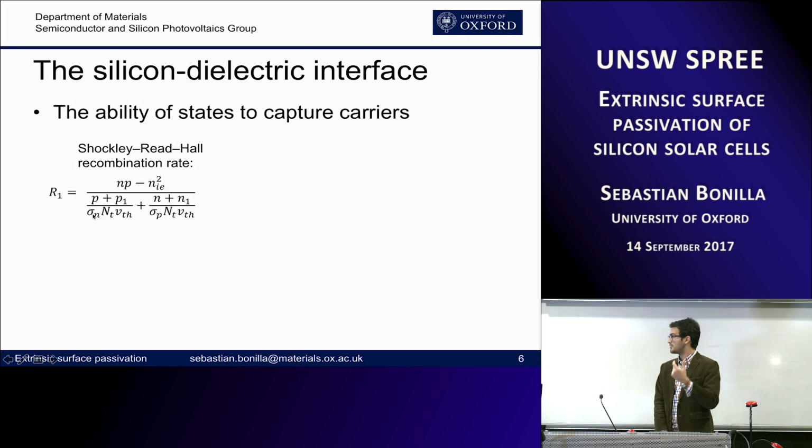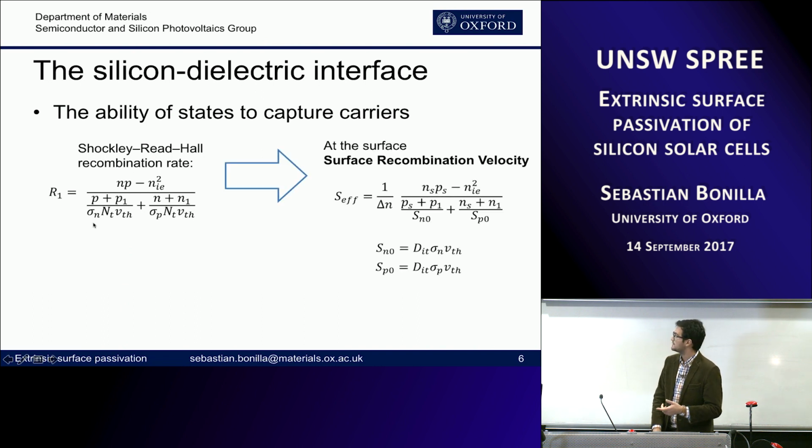The capture cross-section times the thermal velocity is a capture rate, and that capture rate tells us how good that state is at recombining, how able that state is at recombining electron-hole pairs. So it is actually the product of those two things that really matters.